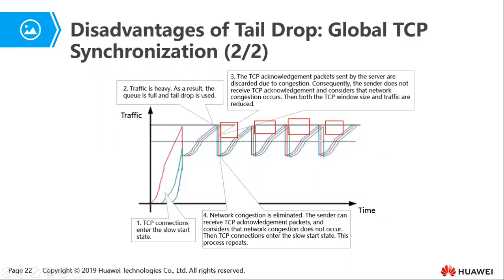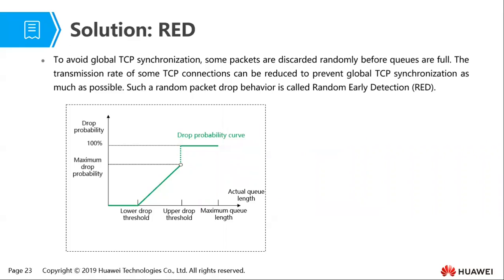So during these times when TCP synchronization occurs, we are going to underutilize the bandwidth. That is the main problem caused by the first disadvantage of tail drop, global TCP synchronization.